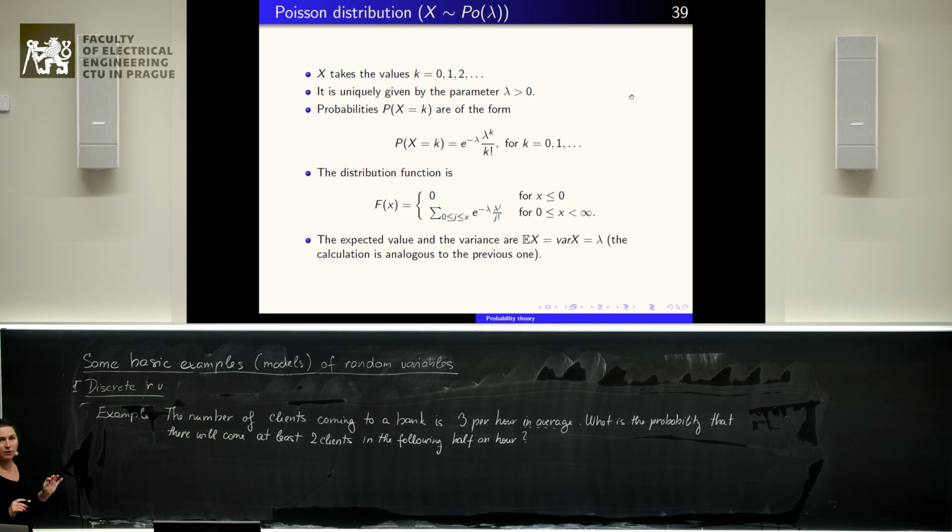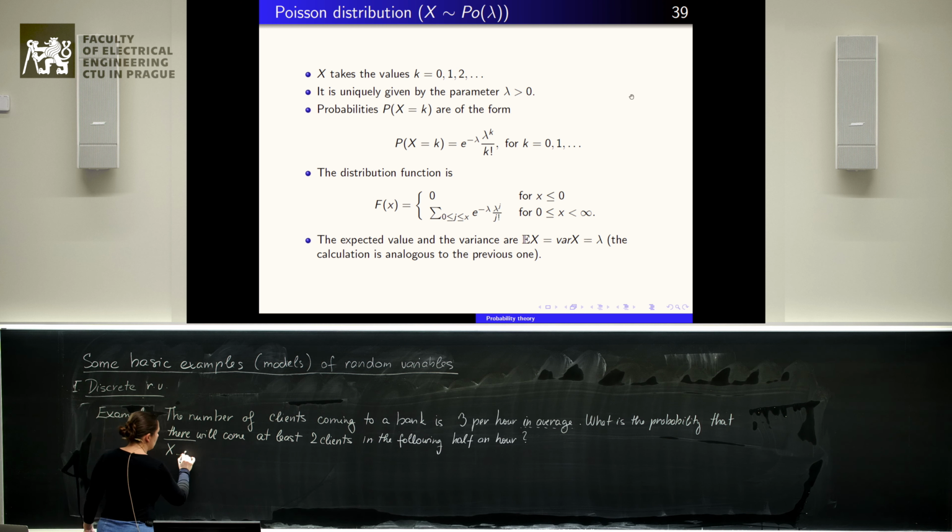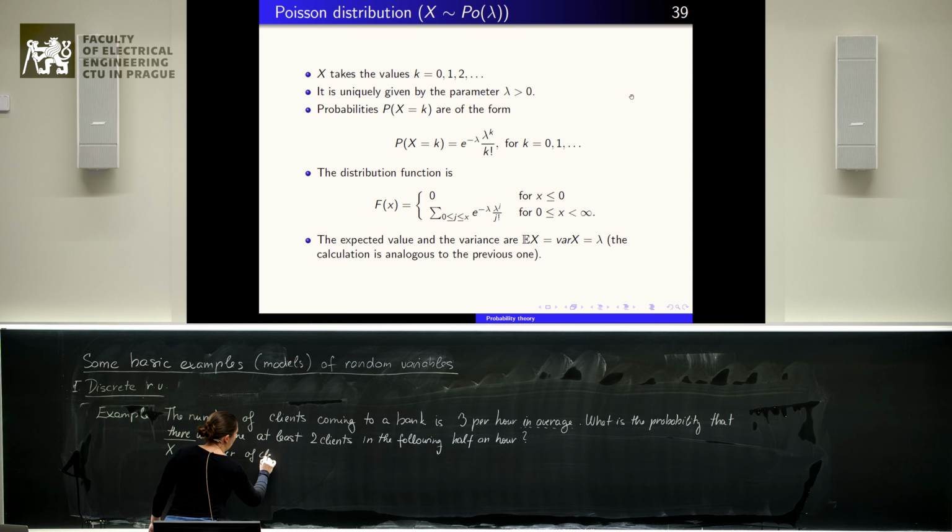First, we must define our random number we will work with. So, x, the random number, will be, of course, the number of clients.